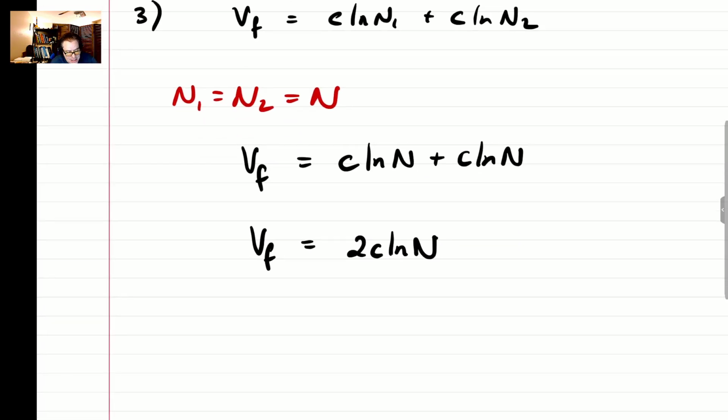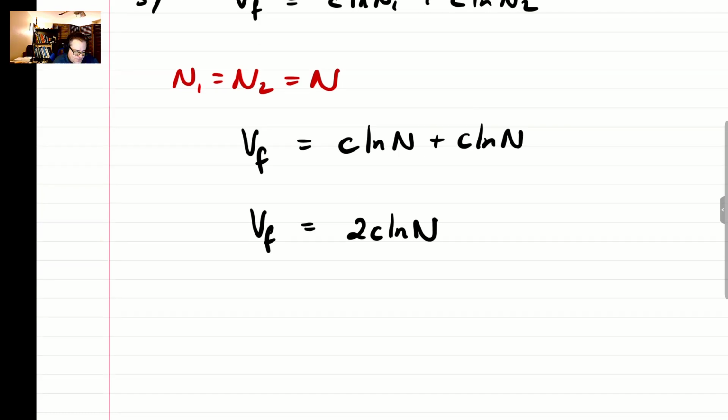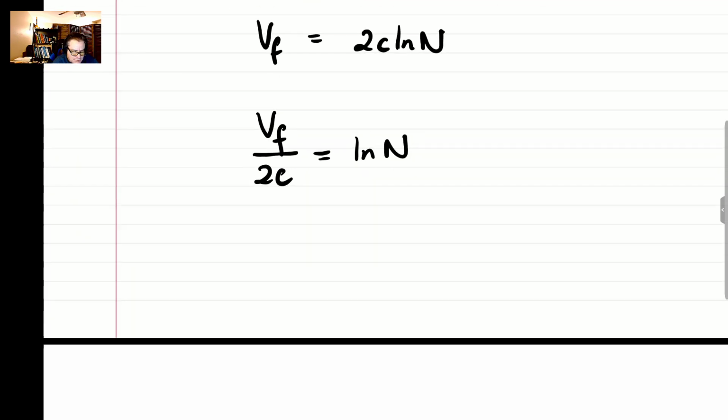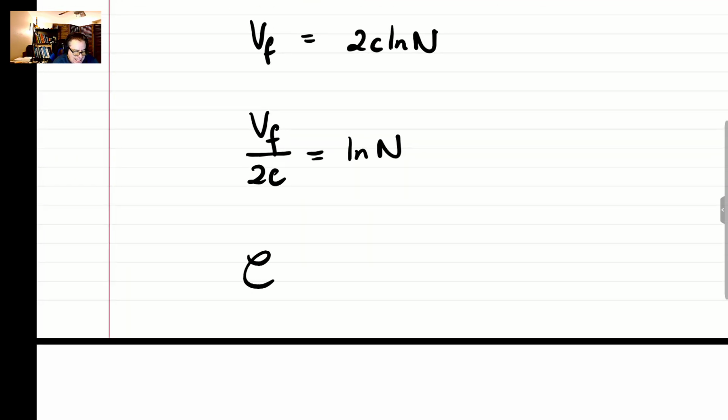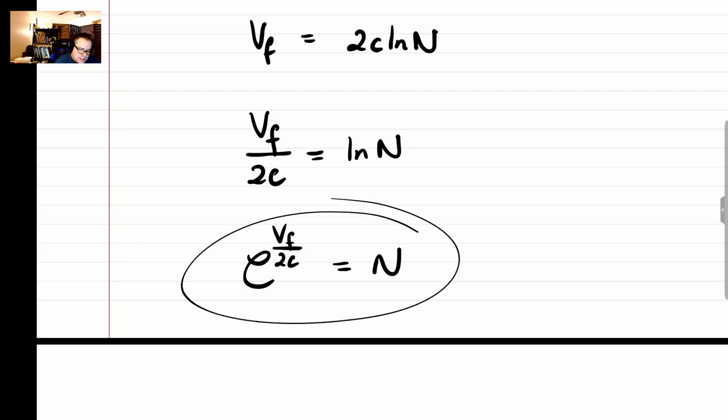So we can solve for that mass ratio n that is equal to both of the mass ratios. We have the final velocity over 2c is ln of that mass ratio n. So e to the final velocity over 2 times the relative exhaust velocity is n. That's a pretty useful result as we go forward. This is n, which is n1, which is n2.